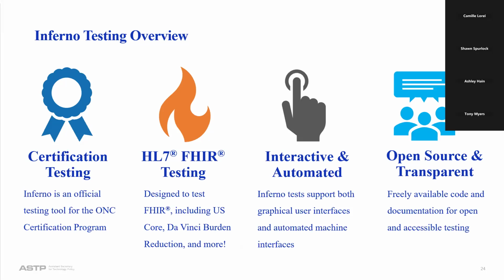So Inferno provides the testing infrastructure for the official certification program testing tool for the G10 standardized API for patient and population services certification criterion. And the G10 criterion defines requirements for a single patient API and multi-patient API according to the FHIR standard, FHIR implementation guides, and other standards. And Inferno provides support for the testing of the single patient API and multi-patient API for the G10 criterion.